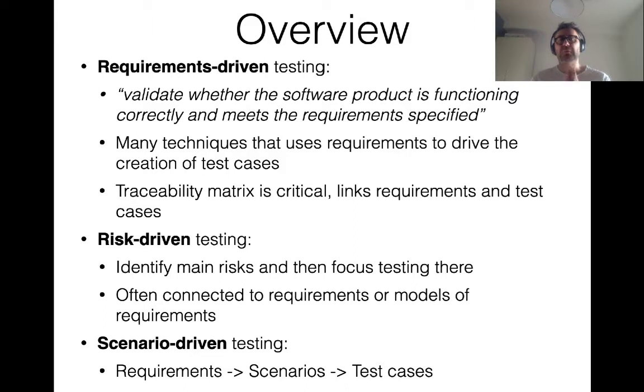So you focus the testing based on where the most risky areas are, right? I first identify the risks, judge or analyze how likely they are to happen and what the consequences are if they would happen. And then you use this to drive, prioritize, or focus your testing, right?